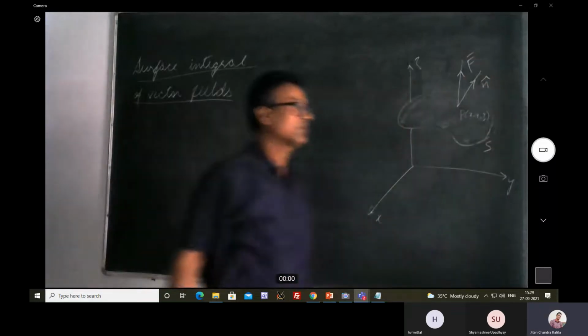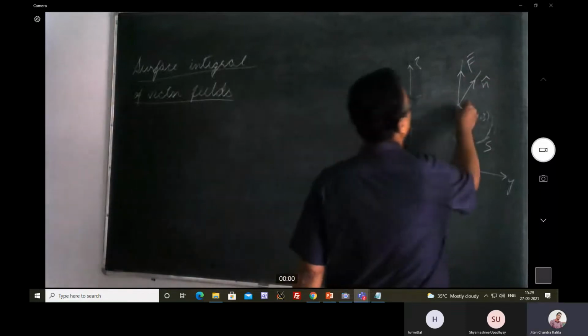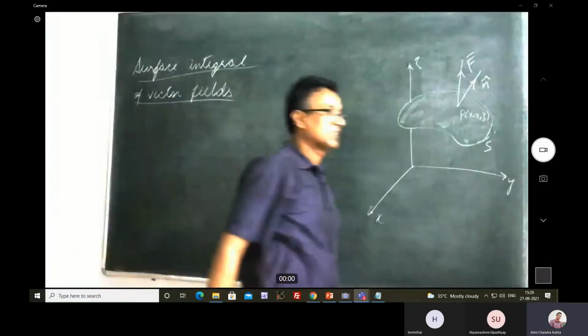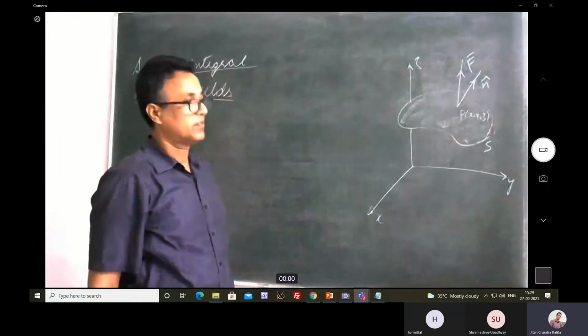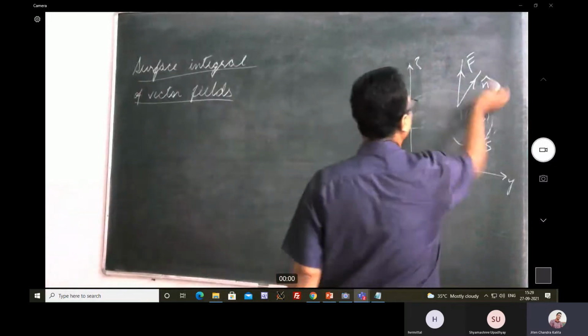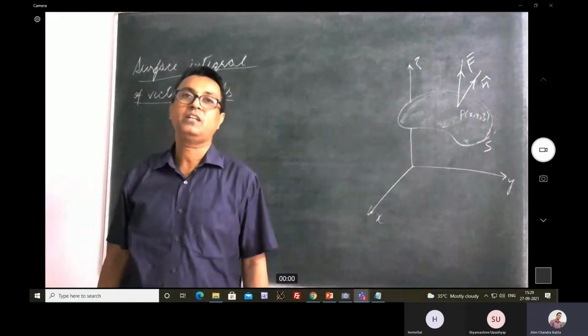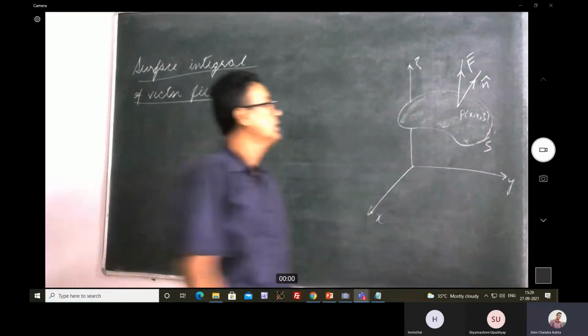And suppose I define a vector field F over this surface. Basically, at all the points on this surface, I'm going to assume that I'm able to define a vector-valued function.